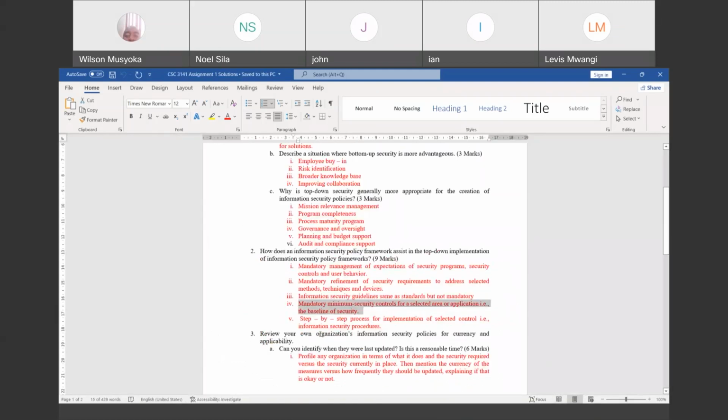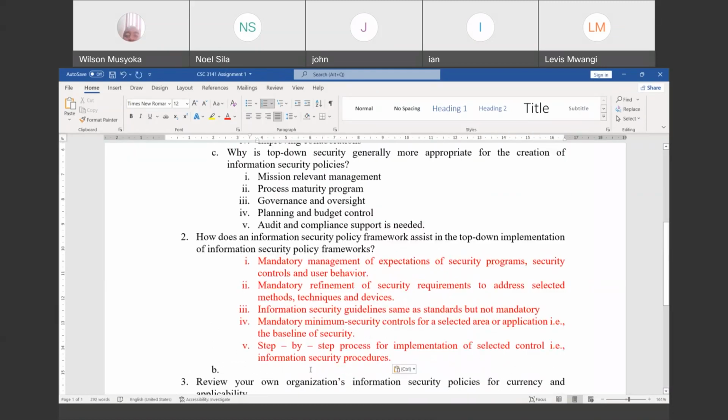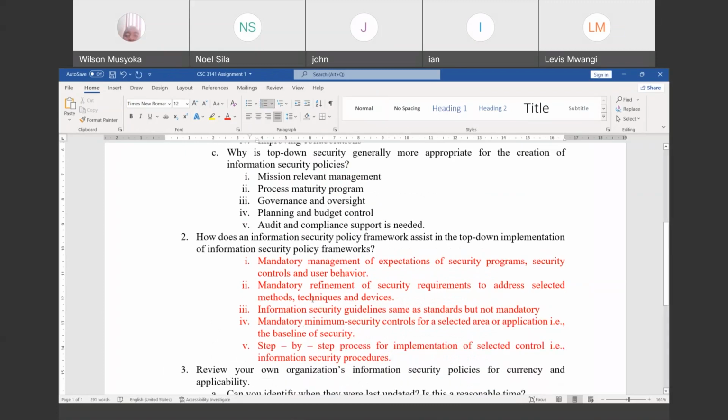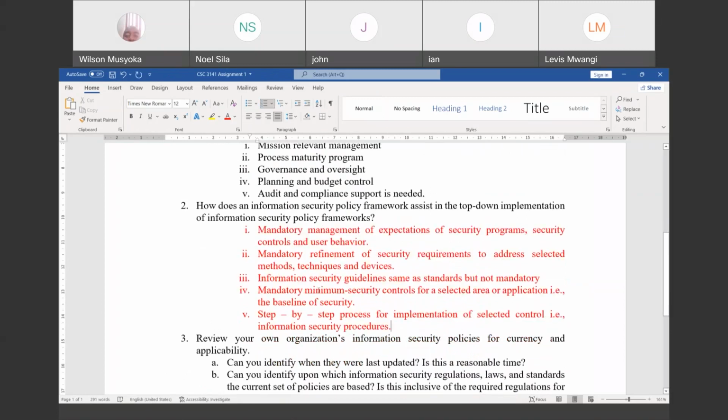Then lastly, there is a step-by-step process for implementation of selected security control. So that is how top-level implementation is going to support information security.